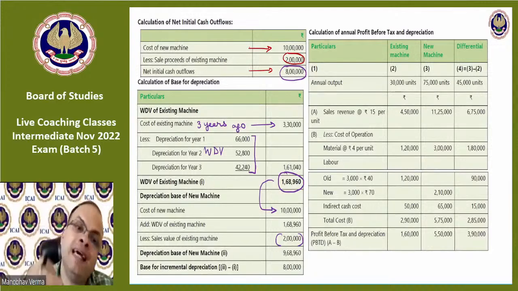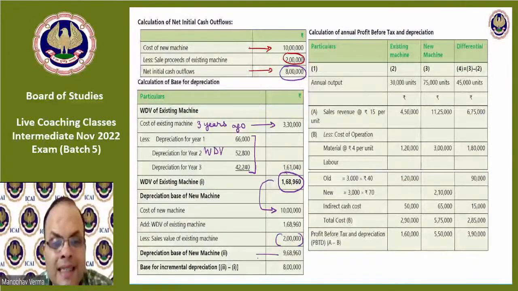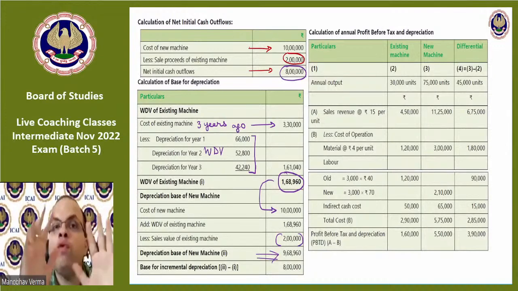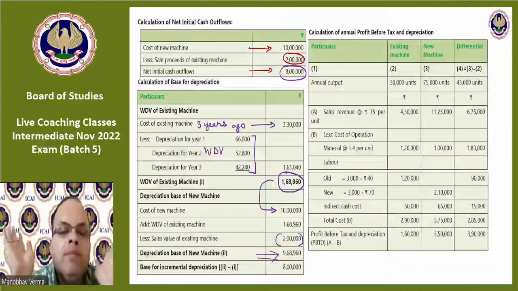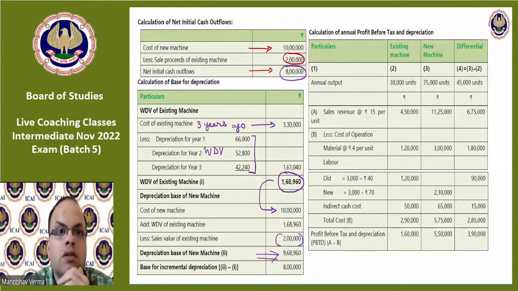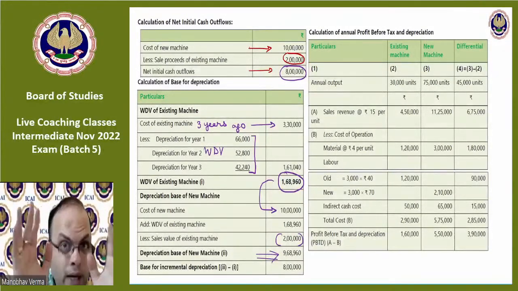The 1,68,960 plus 8 lakh, I am getting 9,68,960. What I am trying to prove is, even for the depreciation, the block will increase only net by 8 lakhs. Very simple. Why? There is no gain or loss on the sale of the asset because there was a block of assets, as I said, no tax impact.